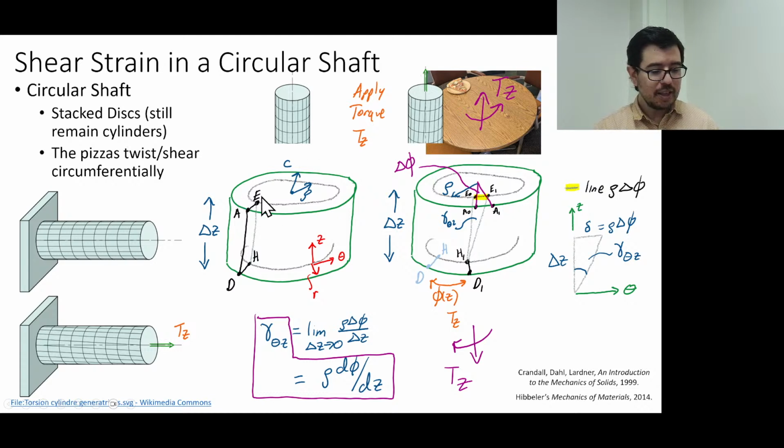So here is a portion. This is the pizza, this whole thing. This delta Z is one of the pizzas that I've stacked in my cylinder. And now, you can consider this to be the crust.